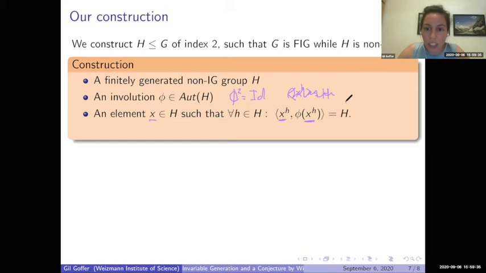So we think of it as saying that X phi-invariably generates H: together with its phi image, every conjugate of X generates the group. And then we set G to be the group generated by X and phi.